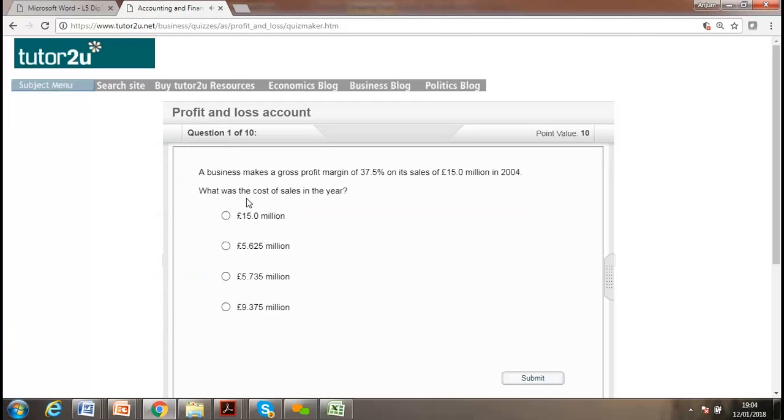We need to calculate the cost of sales. My profit is 37.5%. So if from 100% you take out 37.5, how much percent will be left? 62.5. Yes. So if I take 62.5% of 15, which figure will it be?